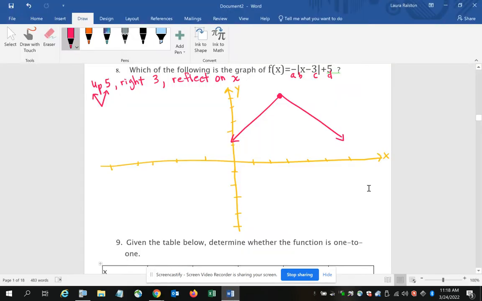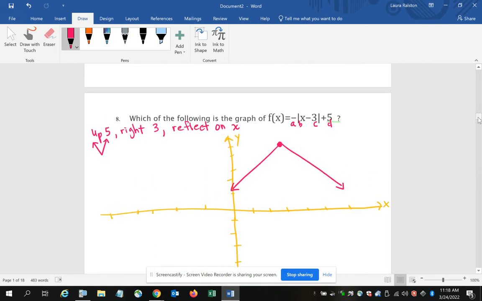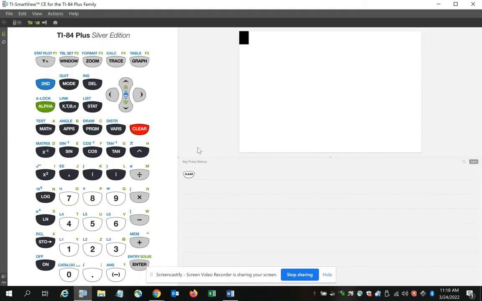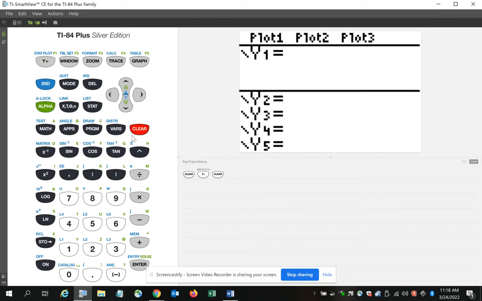Now, the other thing you can do, if you're familiar with how to enter it into your calculator, is to use the calculator to create this graph and then match it up. So I'm going to show you how to do that. We would go to y equals, and let me clear out the one that I have in there. And we need the opposite, so we need negative.